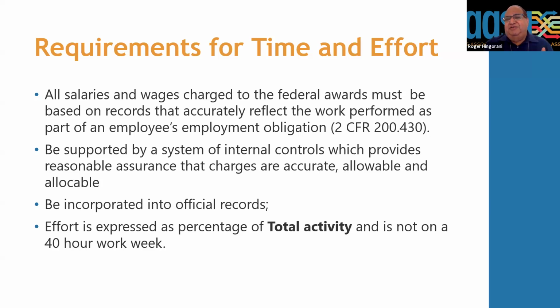So the burden of proof is now on the grantee, because it doesn't give you a lot of specifics about what documents the grantee needs to show in order to comply with these requirements. Now, unfortunately, the basic requirement that you have to show how the cost is allocated based on the work performed for the grant has not changed. What has changed is the specifics about what forms to use, when to use. Those are the things that are missing.